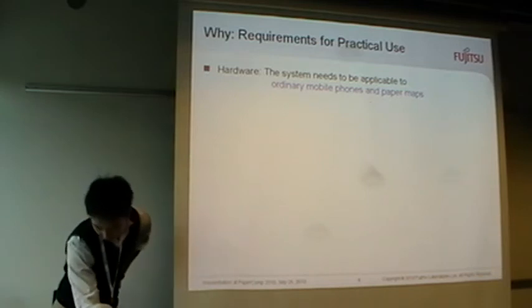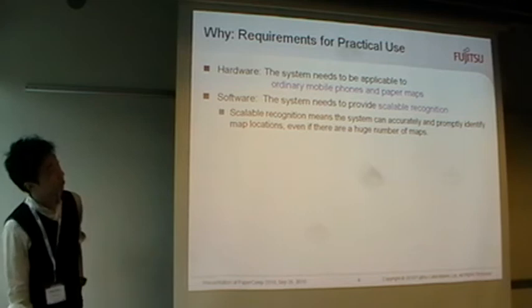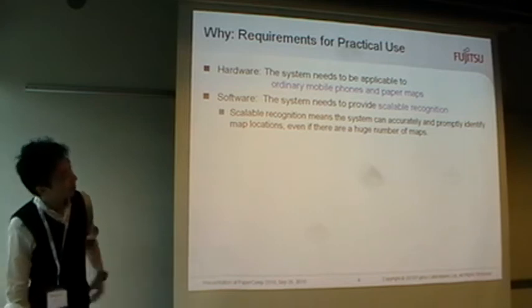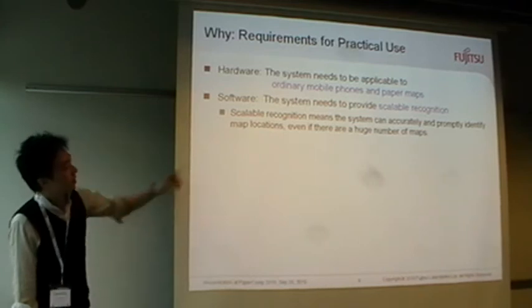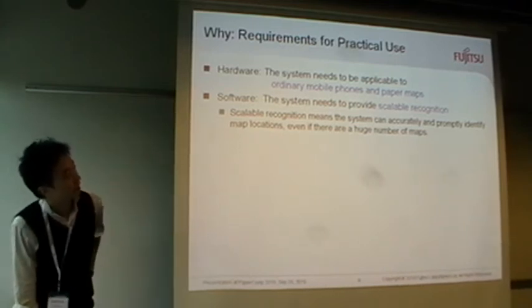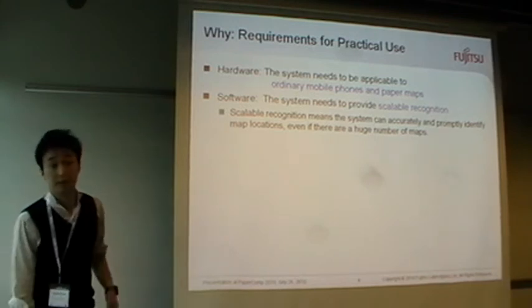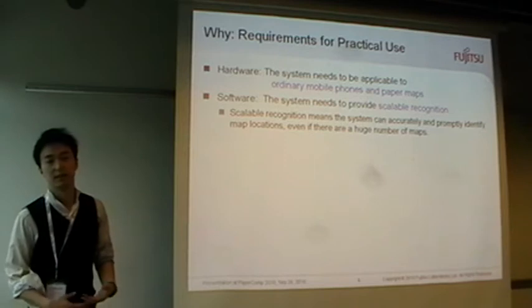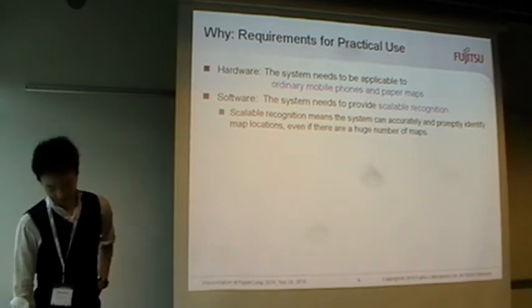And the second requirement has to do with the recognition software. The system needs to provide scalable recognition. We think scalable recognition means the system can accurately and promptly identify the map locations even if there are a huge number of maps with different designs and different scales, and they show different locations.